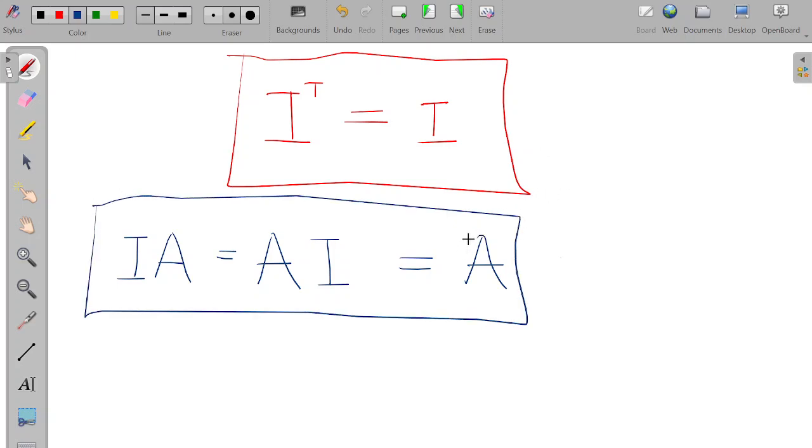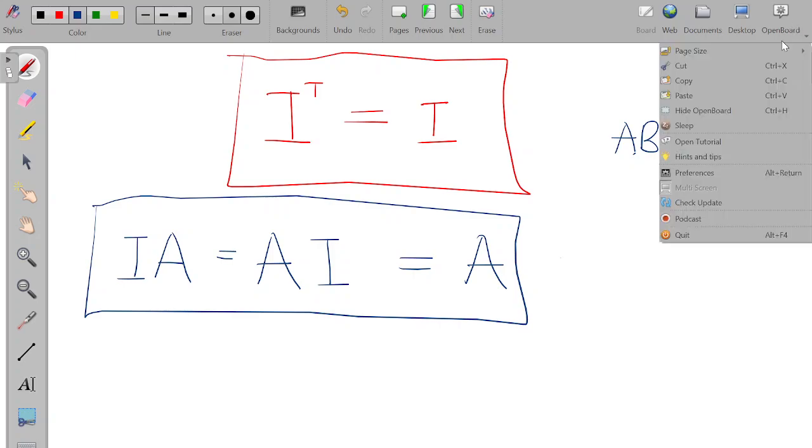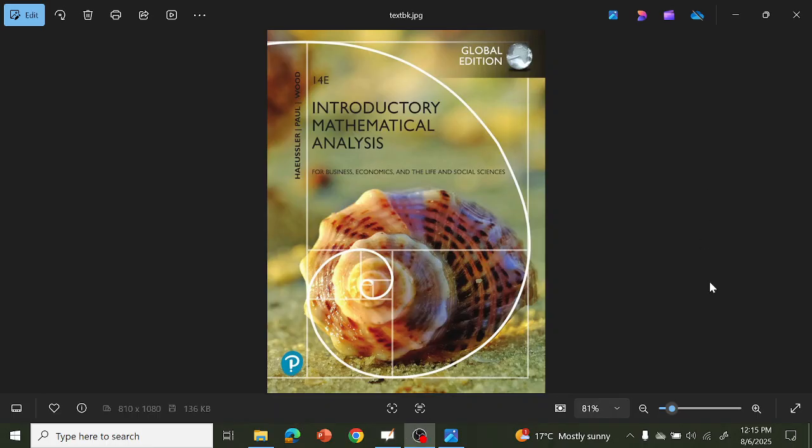We did mention before that this operation is not the same. But with the identity matrix, multiplying the identity matrix by a matrix is the same thing as multiplying that matrix with the identity matrix, and also the same thing as A. Please take note of these properties. They are very important. Thank you.